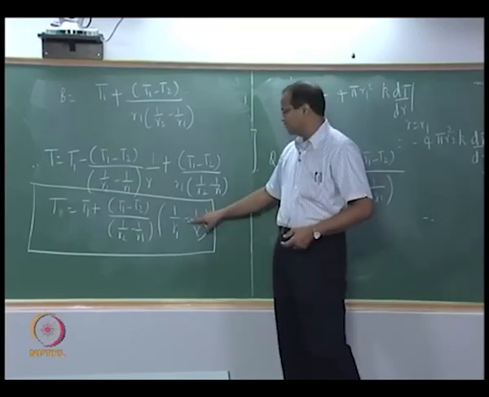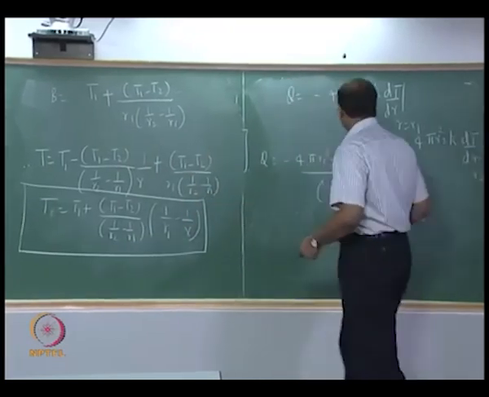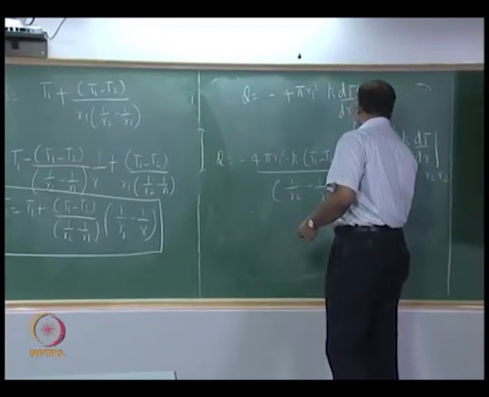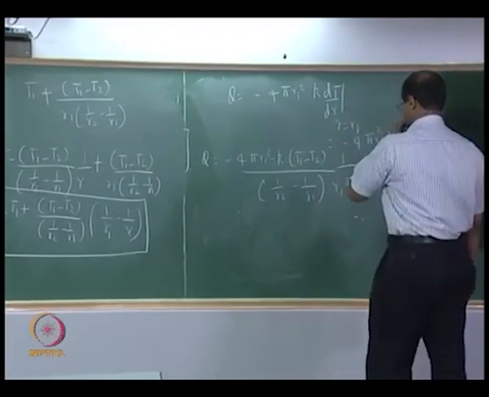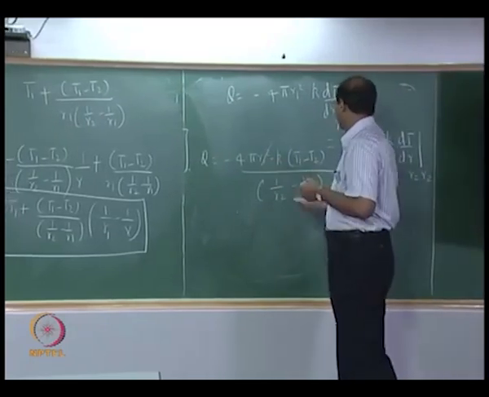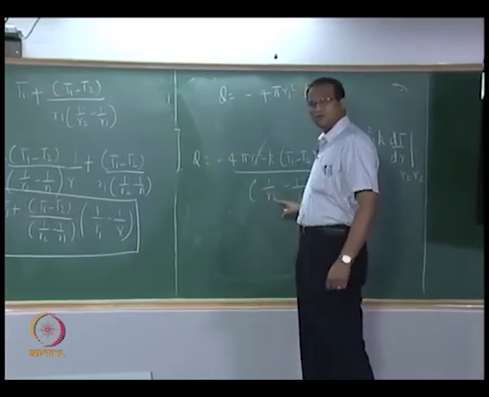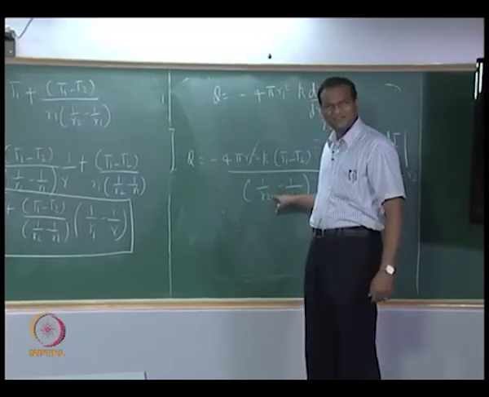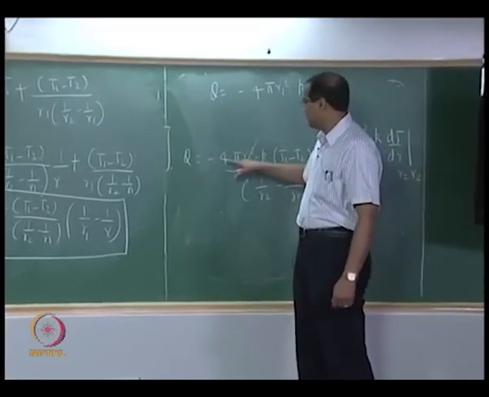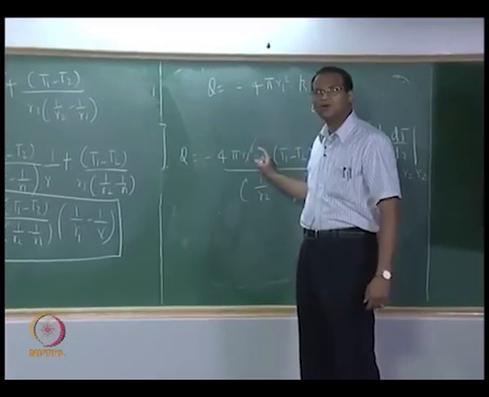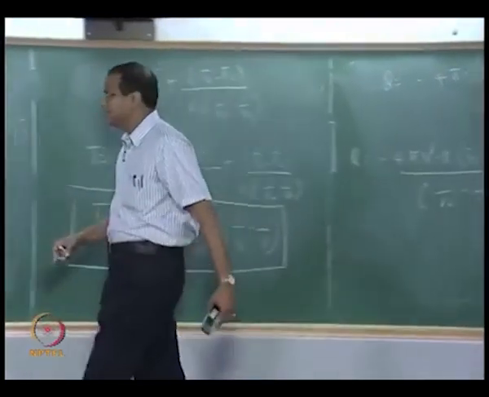There is already a minus 1 here. So it is plus 1 by r. R1 gets cancelled. 1 by R2 minus 1 by R1 is negative. R2 is greater than R1. Therefore, the denominator is negative. I already have a minus sign. So Q is positive, I am home. I have no problem. Okay.